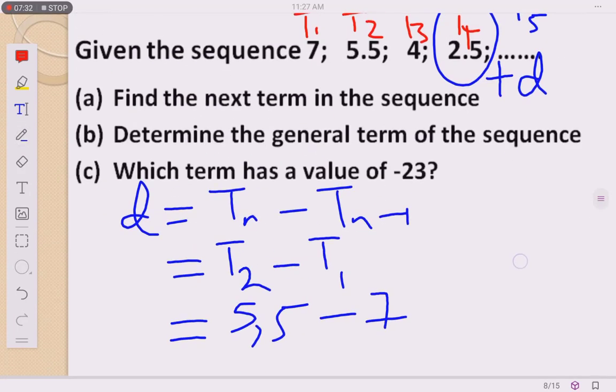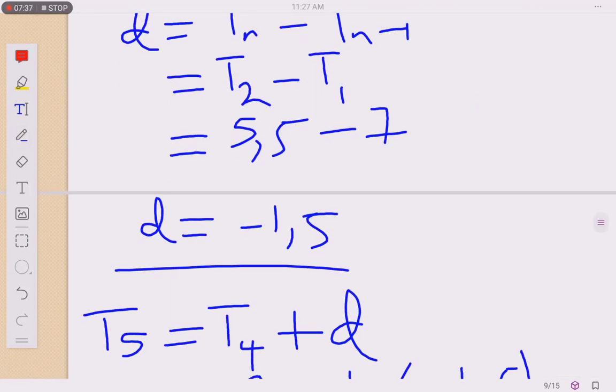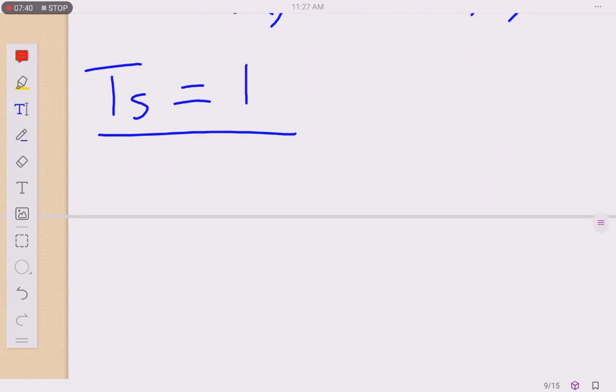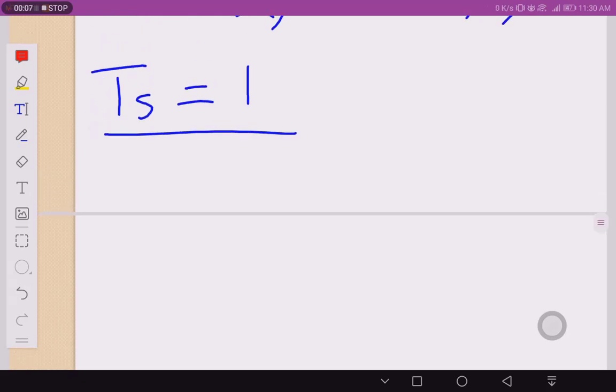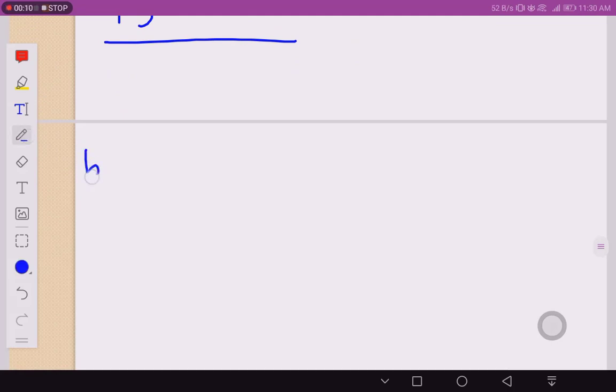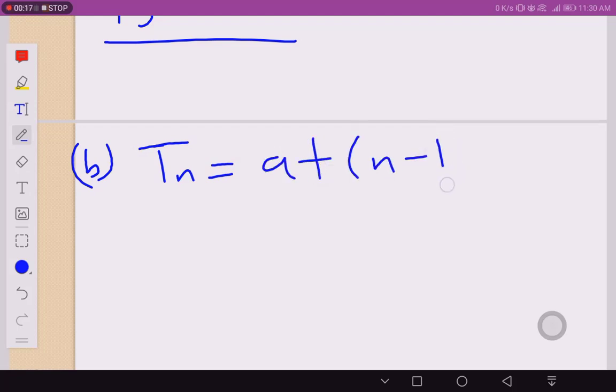The second question is asking us to determine the general term of the sequence. So for part B, the general term is Tn is equal to A plus n minus 1 times D. We now have our value for D, and we know our A is our T1.